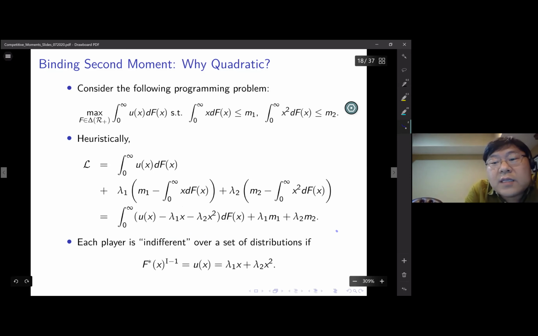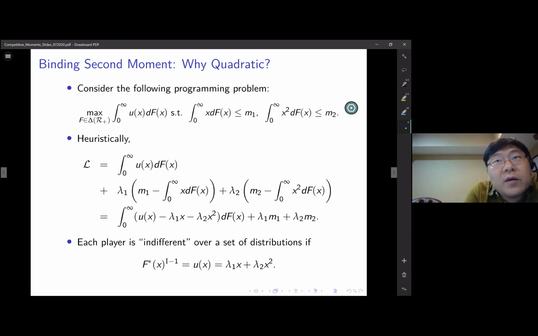Okay, and this lambda 1 times m1 plus lambda 2 times m2 has nothing to do with f. So now we have only this term. And notice that if u(x) is a quadratic function, in particular, if u(x) is equal to lambda 1 times x plus lambda 2 times x squared, that means that this term is going to be equal to 0.